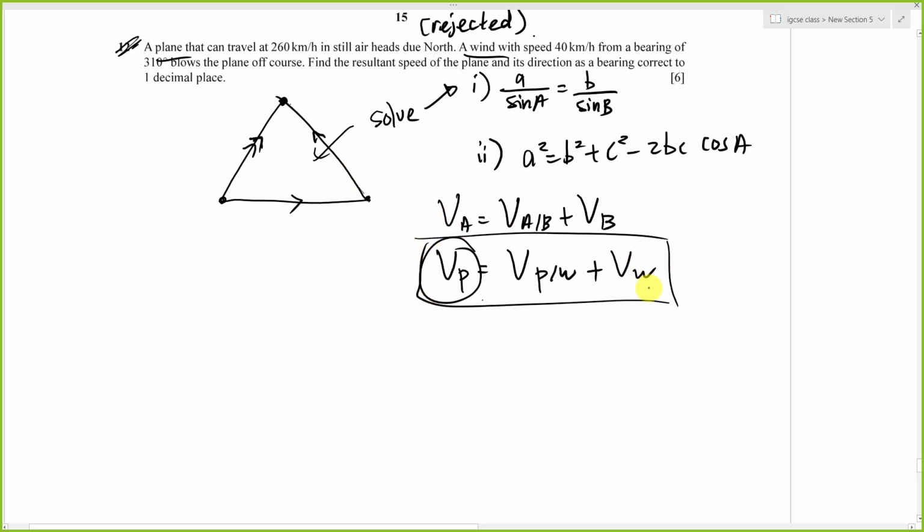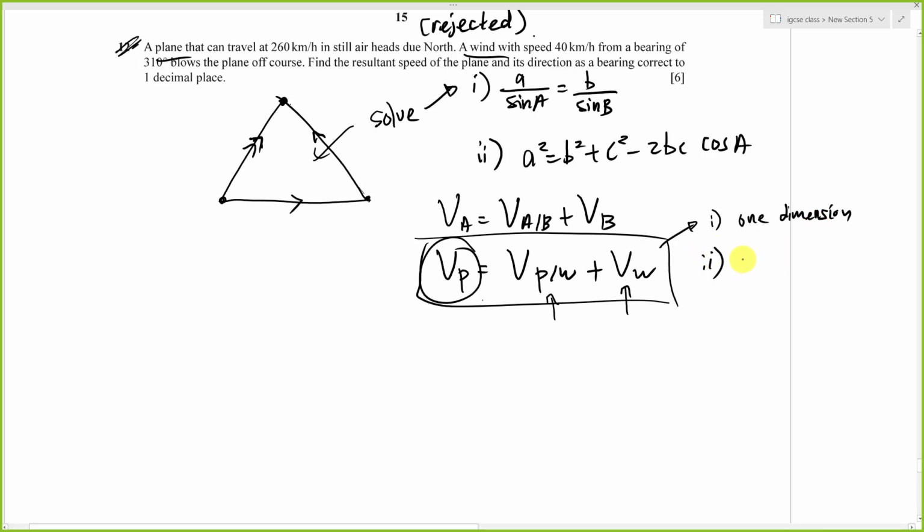This formula, for this type of question, is not for you to sub in the numbers and add them. You can only sub in the numbers and add them in two conditions. First is one dimension. One dimension means your car only moves left and right. Not like you have north, south, east, west, that is not one dimension.